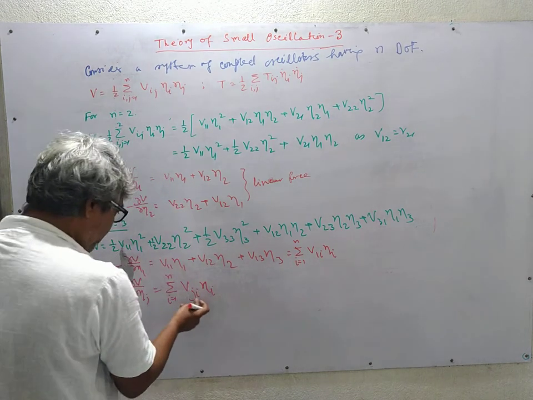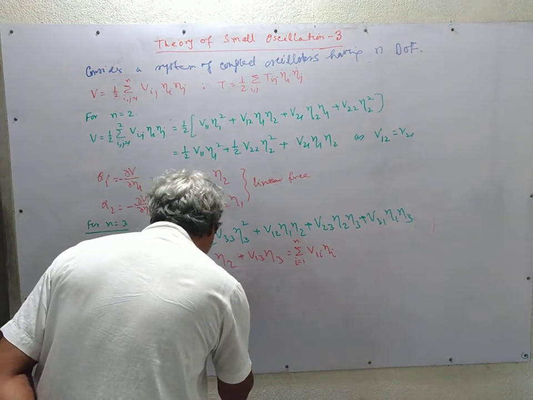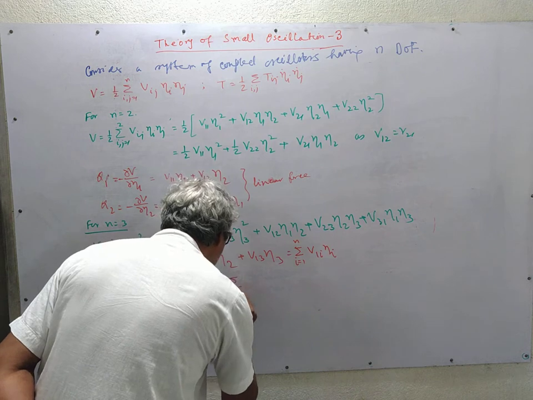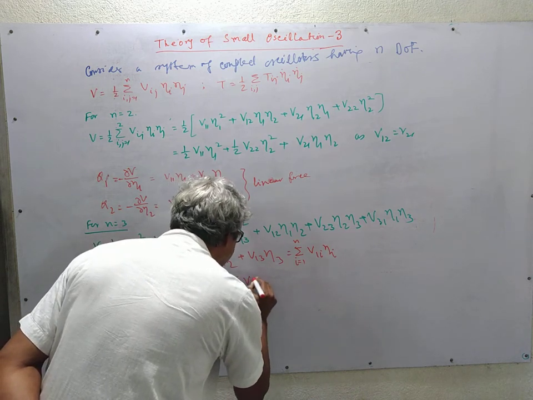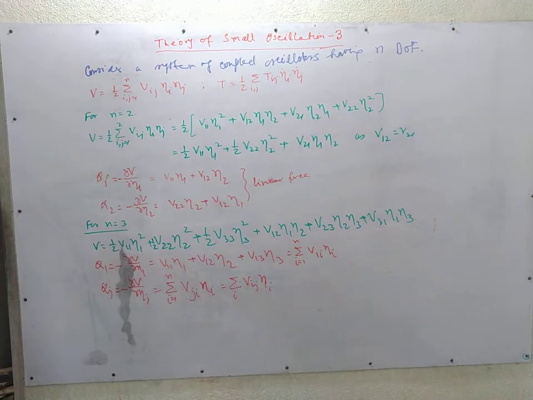It is immaterial which suffix we write earlier. So this can also be written as sum over i Vij eta i. So the forces are linearized, so force is a linear function of the generalized coordinates.